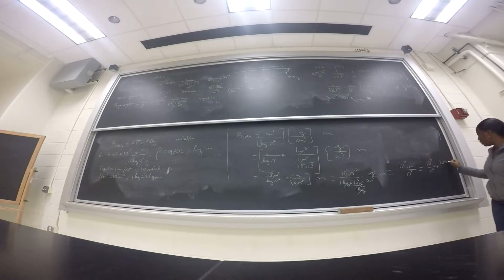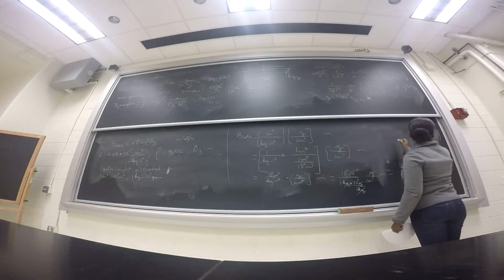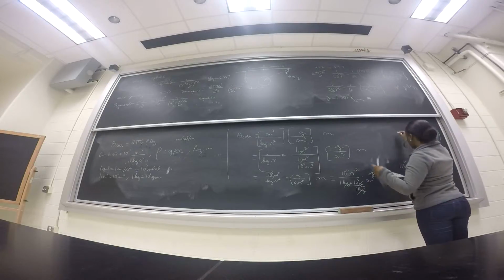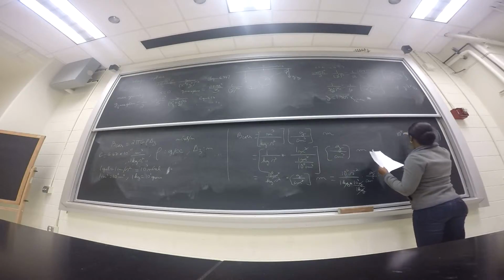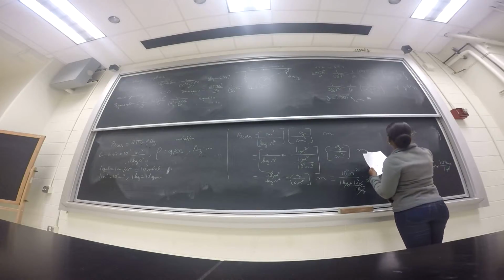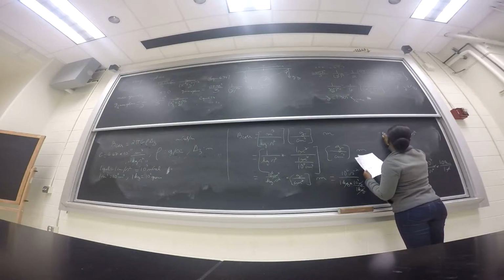We want to get rid of meters because we're dealing with gauge and centimeters, so over 1 meter. When we get rid of that, we end up with 10 to the 5th centimeters per second squared. That's our value for the B. These are the units.